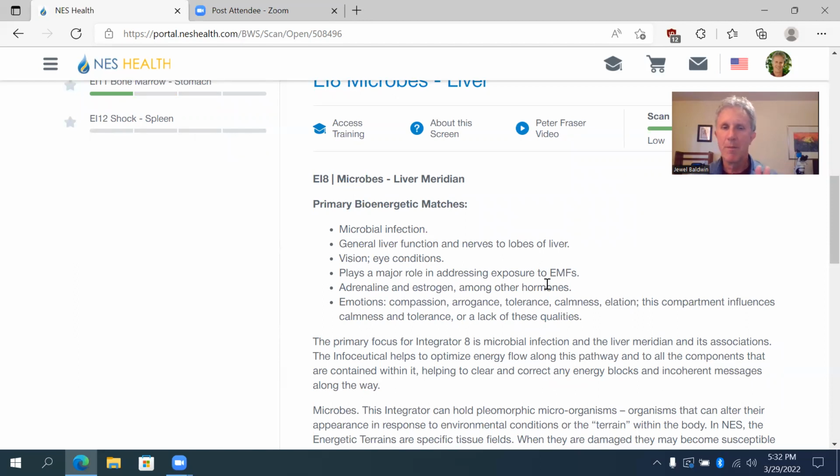So sort of some imbalance in the microbial terrain, and that shows up here in the liver integrator, as does your liver function. And eyesight is, of course, part of, in Chinese medicine, the liver meridian. Eyes are affected by the liver because the liver is the filter of the blood, and when toxins build up, that will affect your eyesight, of course.